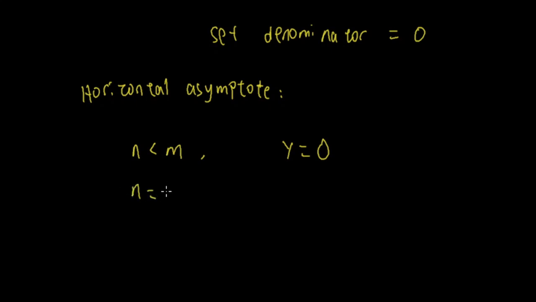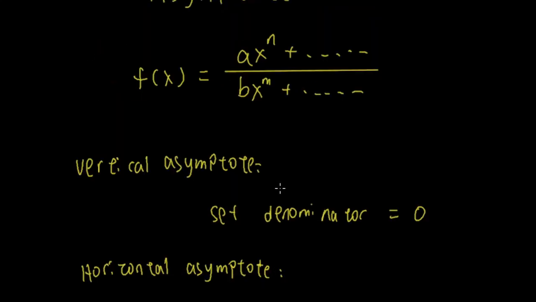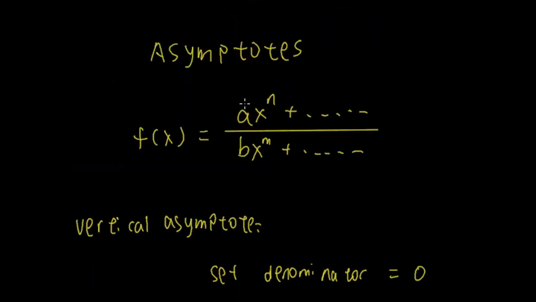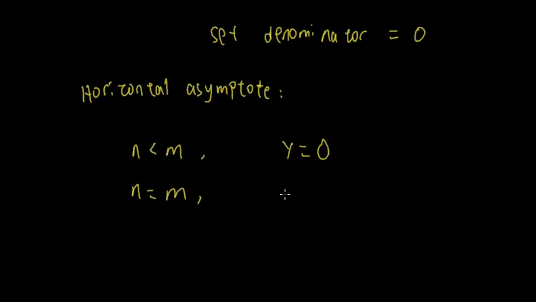If n is equal to m, then the horizontal asymptote will be the leading coefficient in the numerator divided by the leading coefficient in the denominator, which is a over b. Y equals a over b. If n is greater than m, there will be no horizontal asymptote.